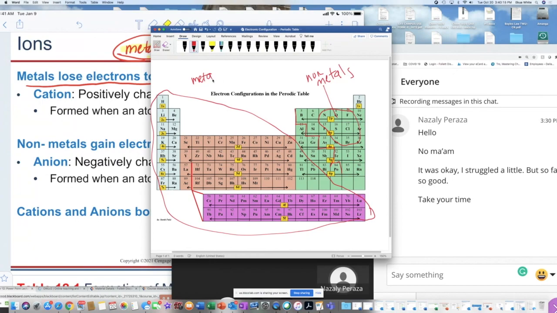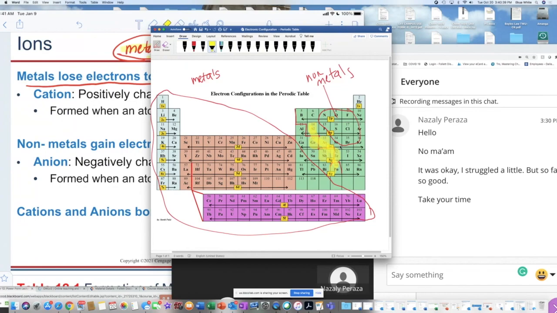So as far as types are concerned, you can see we have a greater variety of metals than we do nonmetals, right? And then the elements that are in the border, germanium, antimony, polonium, astatine, silicon, tellurium. These right here that are in the border of both metals and nonmetals, they have both properties.